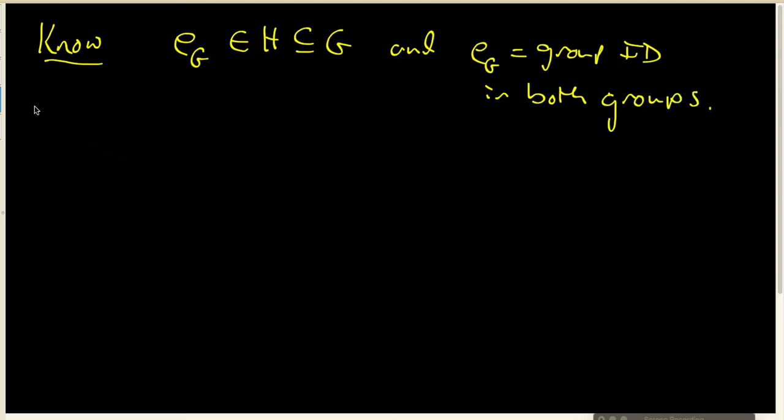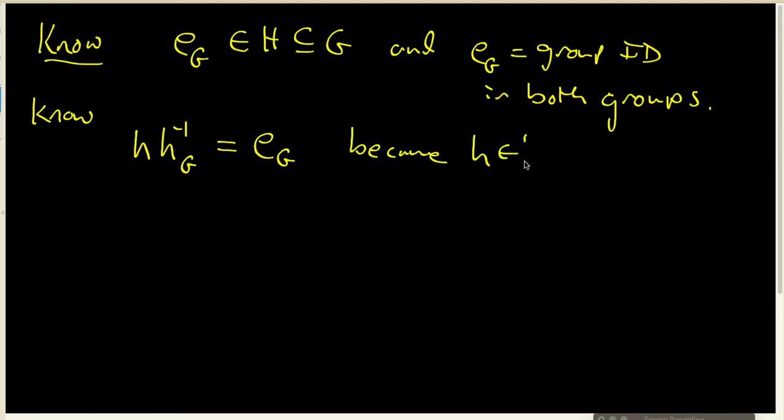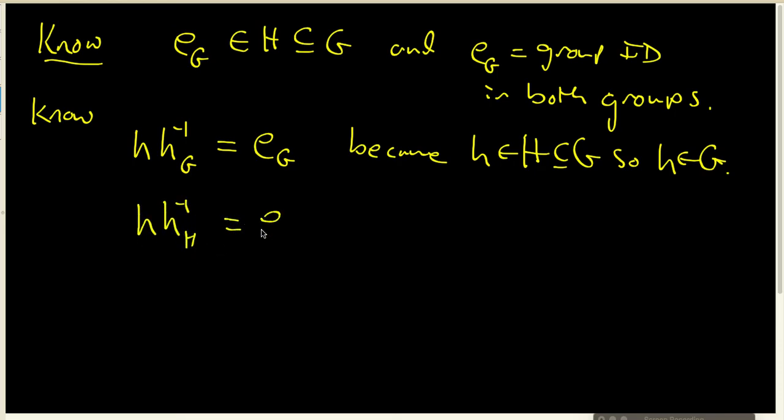And so if I look at h times h inverse inside G, I know that it's in G because h is an element of H, which is a subset of G, and this is the multiplicative inverse of h inside G. But I also know that h times h inverse sub H is equal to e_G because h is inside capital H, and e_G is the multiplicative inverse, and that's the definition of h inverse inside the subgroup H.